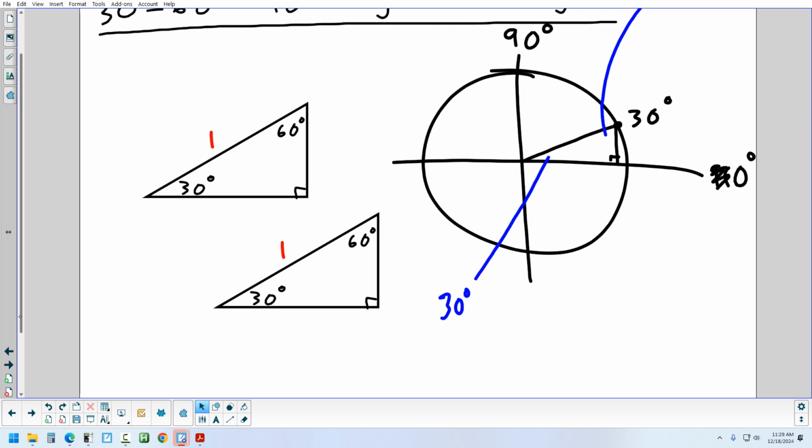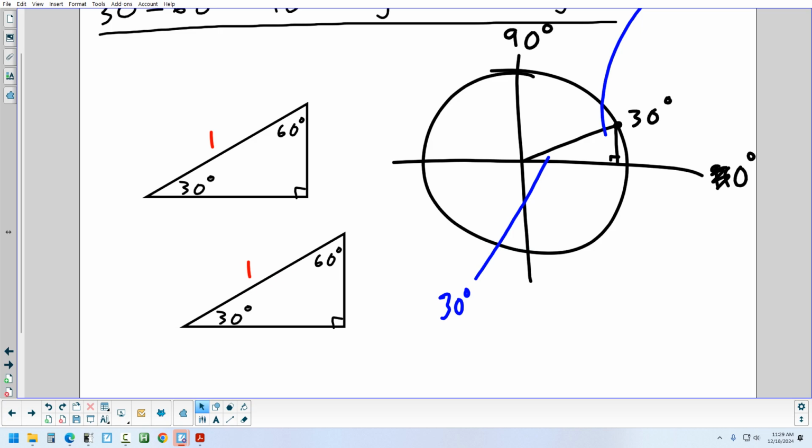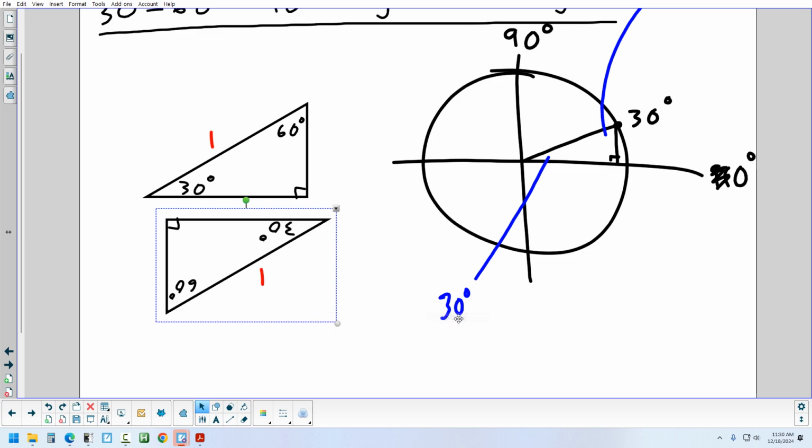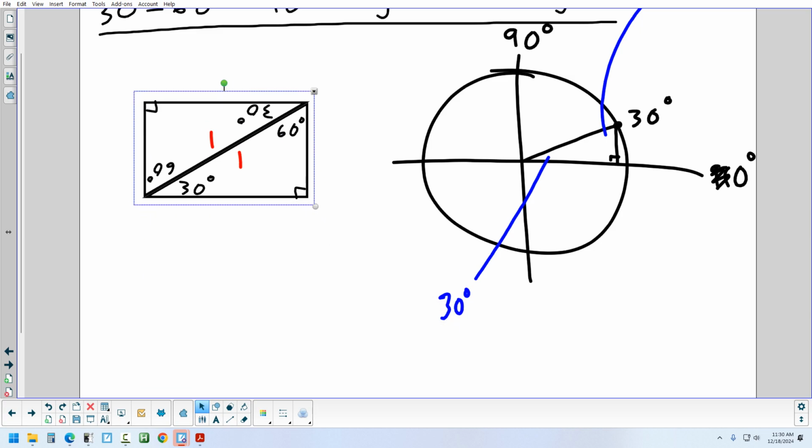What do you want to do with these two triangles? Back to back. Make a rectangle? Okay, so we could flip it to make a rectangle. You'd have to flip this one twice. So it's definitely a rectangle now. I don't know what to do with that though. But we did make a rectangle. So yay, that's good.